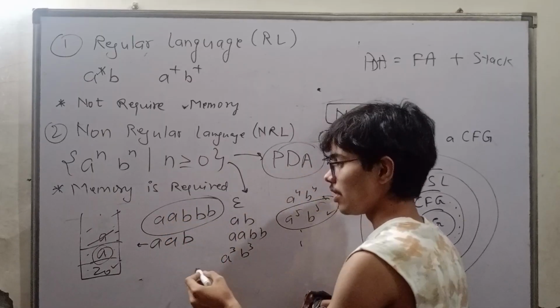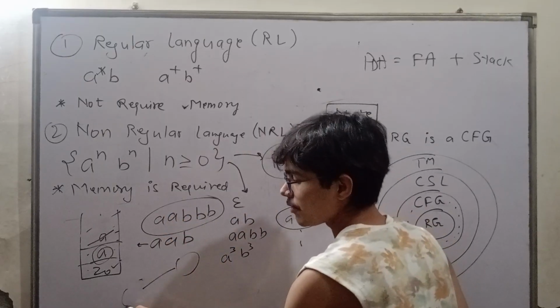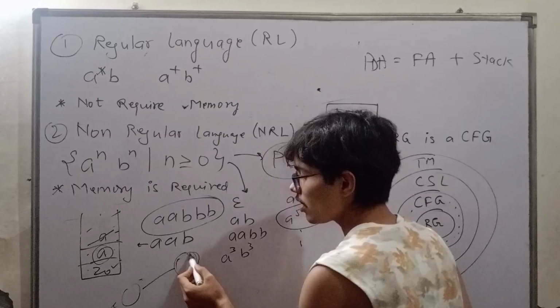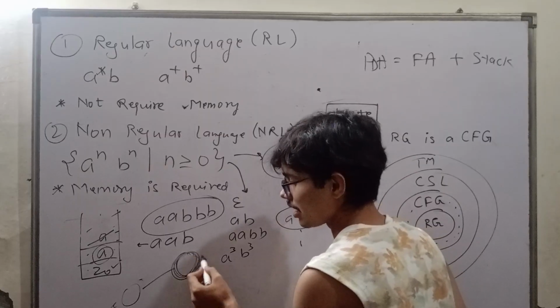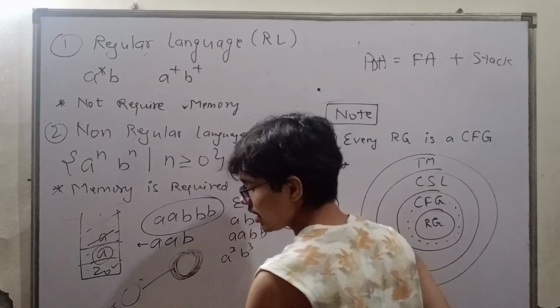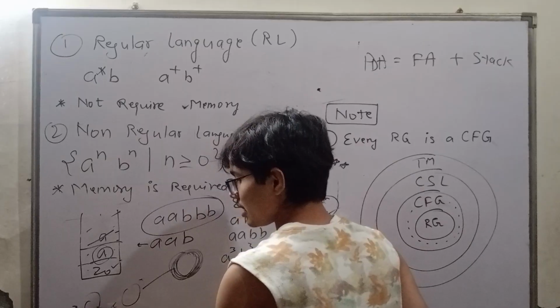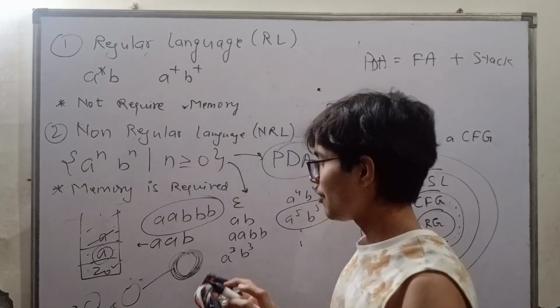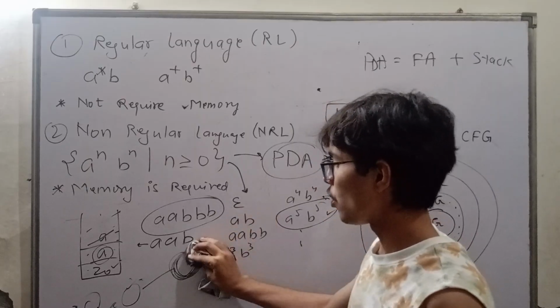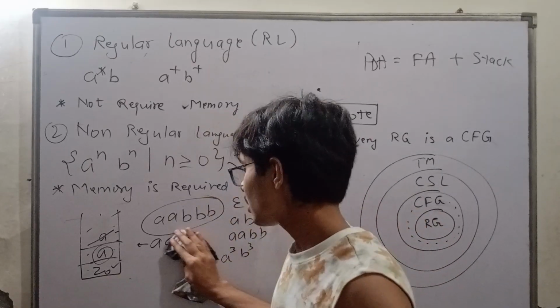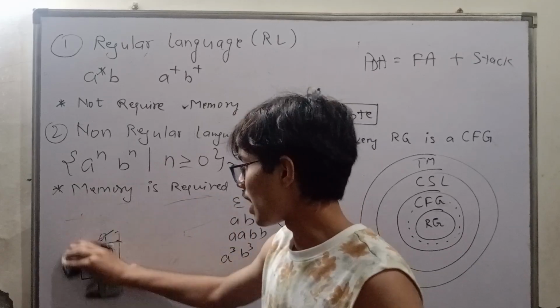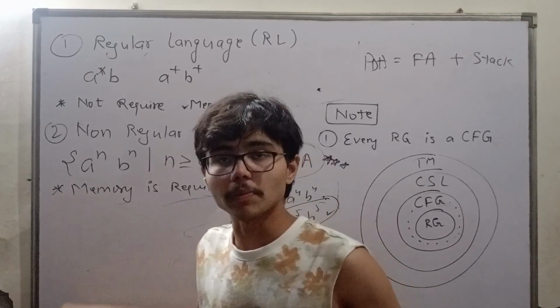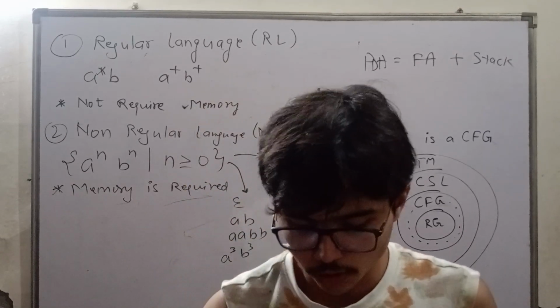When we make a PDA, it stops in a non-final state. Suppose this is the final state and this is the initial state, then it stops somewhere here. If you are not able to think how things work, just leave it. You just have to remember: when we study PDA, we make many machines, then you will understand this.